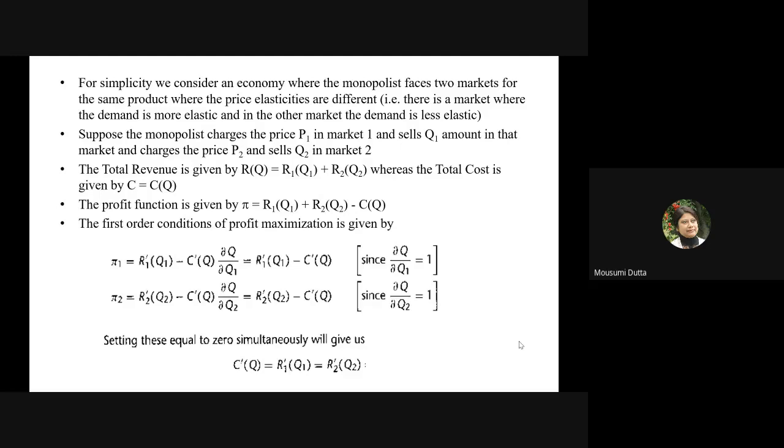And then I am setting del pi by del Q1 is equal to 0. Here, Q2 is not a function of Q1, and similarly, Q1 is not a function of Q2. In case of a multi-product firm, P1 was a function of Q1, Q2.